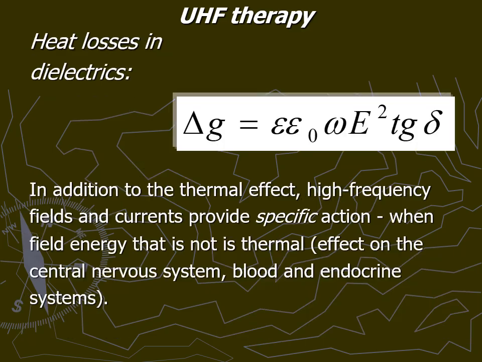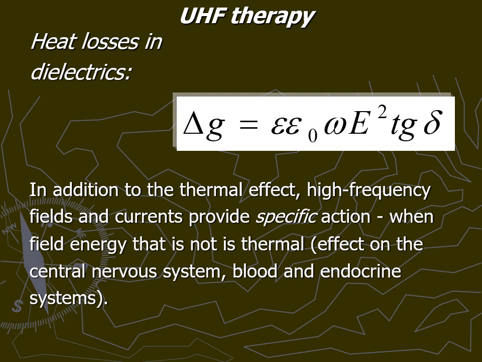As for dielectrics, we have already analyzed this formula with you. That is, the dielectric constant of a substance is also involved. Again, these are the characteristics of the organism, also determined by the characteristics of the field. In other words, by regulating the frequency and intensity of the physical factor, we can regulate the heat losses, the amount of heat that will be released here.